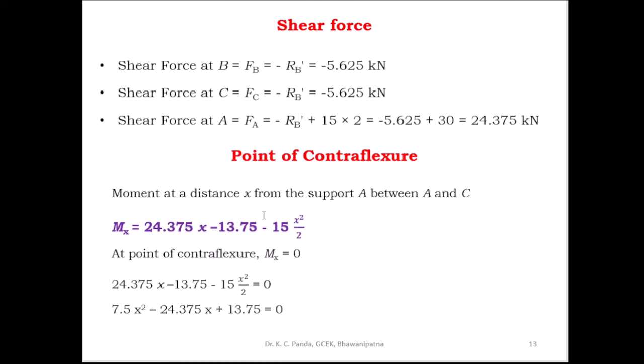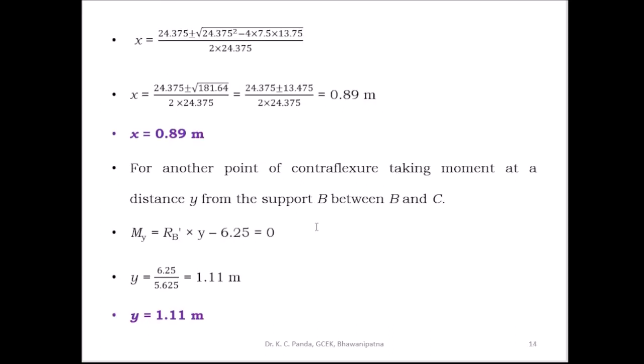So Mx is equal to 24.375x minus 13.75 minus 15 x square by 2. Then you know at the point of contraflexure Mx is equal to 0. Then you have to equate this equation to 0. Then you get the value, x is equal to 0.89 meter.